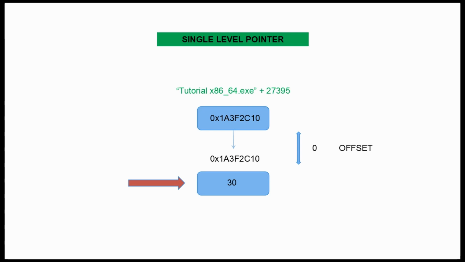In this scenario, we don't have any offset, so the instruction goes to that address and stores the value there. Remember, the program or game keeps changing the address when you restart the game or start a new match. But the static address and offsets are always the same until the developer changes them in an update or patch.